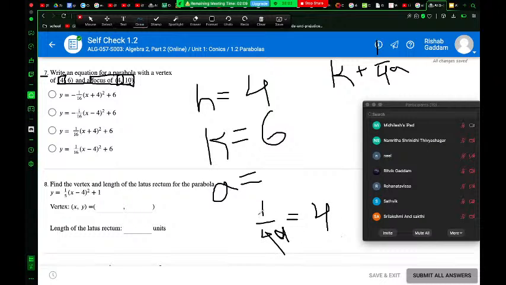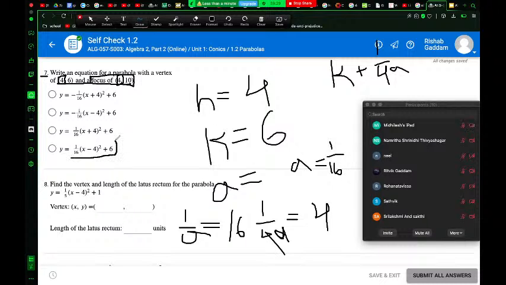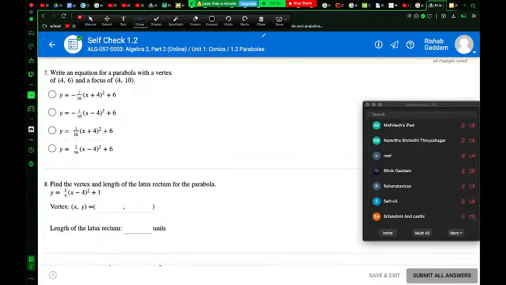So we can do 4 times 4, and we get 1 over a is equal to 16. So we can flip this upside down, and a is equal to 1 over 16. So yeah, it's positive 1 over 16, and this is going to be negative 4 and 6. So yeah, you're right. Even though you guessed it, you got the right answer. So yeah, good job.